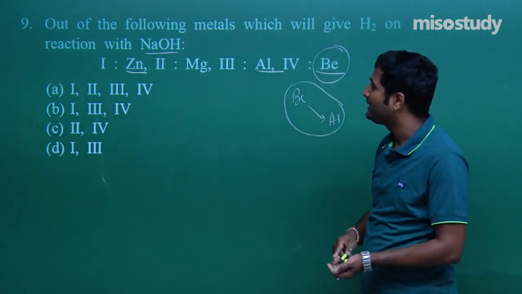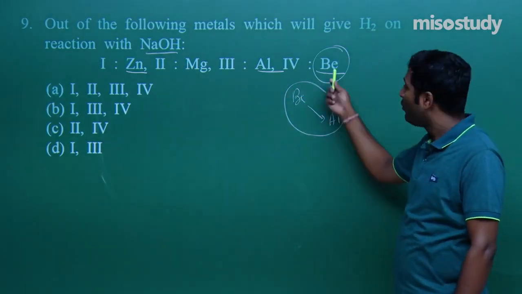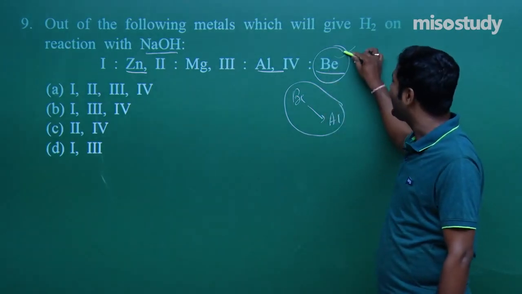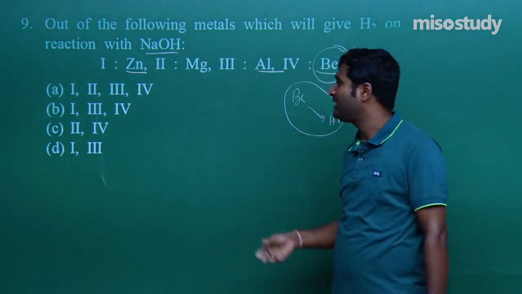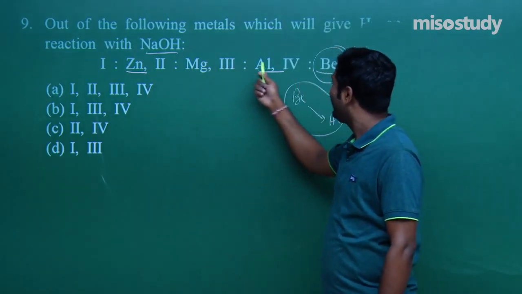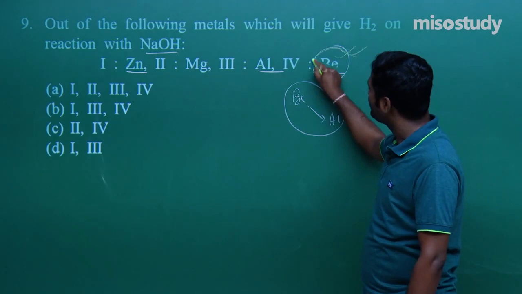Na is the alkali metal, but beryllium has a slight diagonal relationship with aluminium. Do you remember? Due to this reason, it will have similar properties to aluminium. Due to this reason, Zn, Al definitely give H2 and also beryllium.